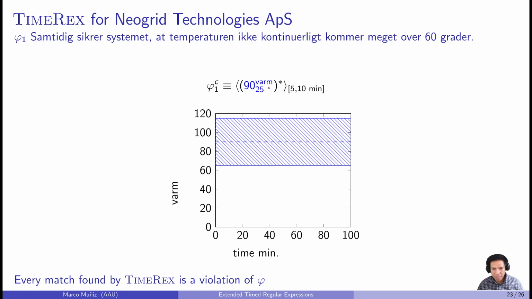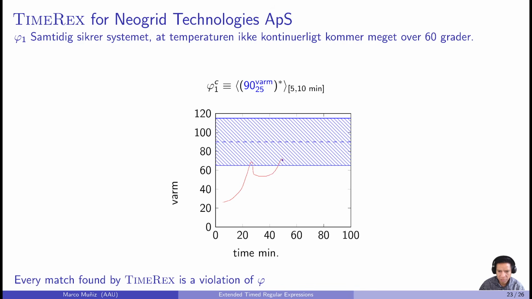Let's say it should not enter. So a violation would be that the temperature goes in 90 plus minus 25, so this area here in blue, for 5 to 6 minutes. So for example, we are here and then it enters just for a short time.